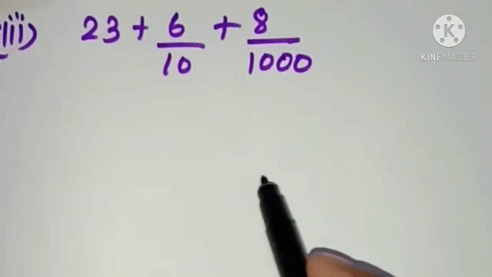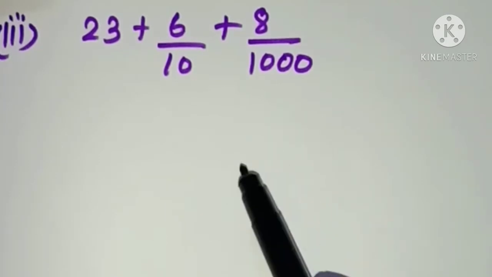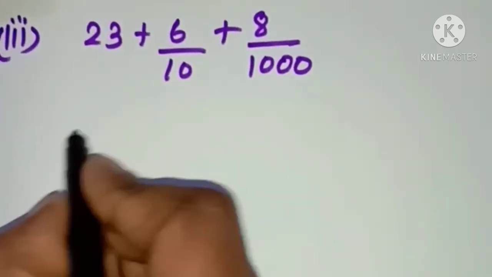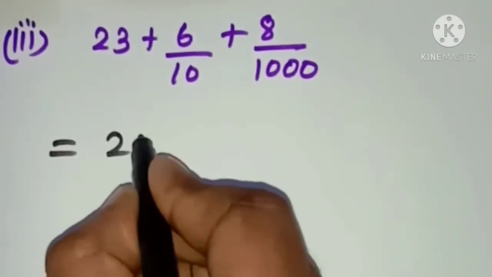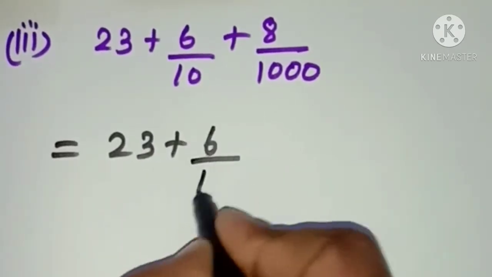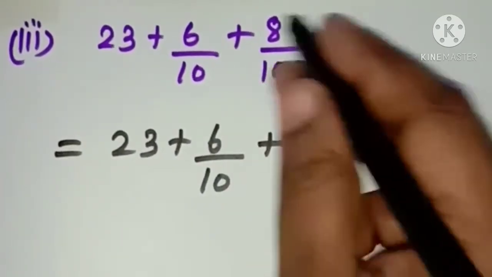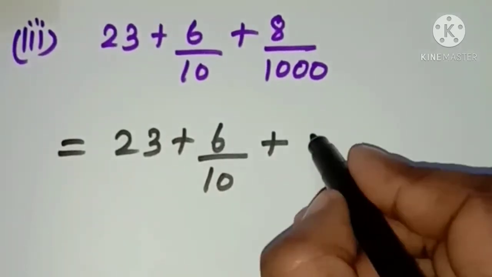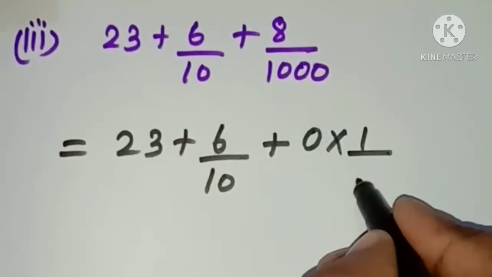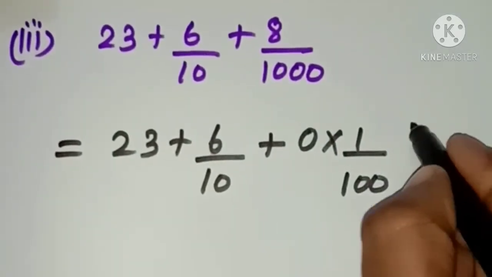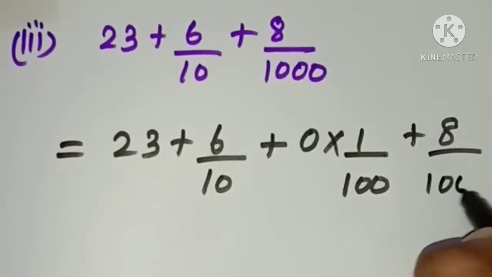Since the 100th place is not there, it is taken as 0. So now 23 plus 6 by 10 plus, there is no hundredth term, so write it as 0 into 1 by 100, plus 8 by 1000.